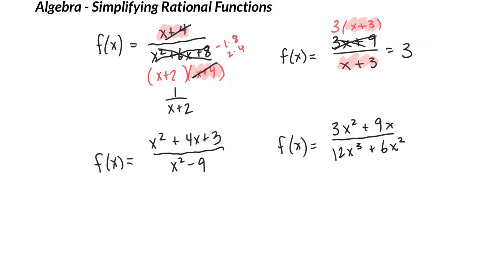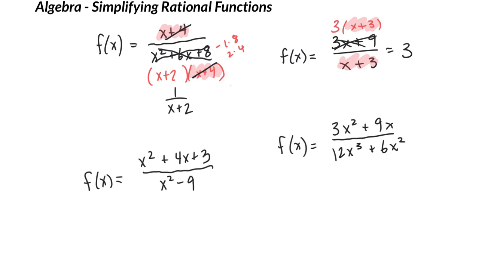All right, the next example looks like I can actually factor both the top and the bottom. So let's do that. The two numbers that would add up to 4 and multiply to 3 would be 1 and 3. So this could be x plus 3, x plus 1.